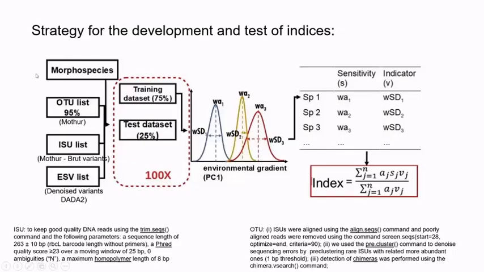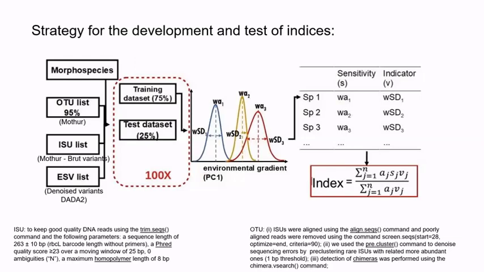And what Kelly did, he made 4 different indices based on this training data. In fact, he developed a new index based on the morphological species, so a classical IPS based on morpho species. A second one based on OTU.